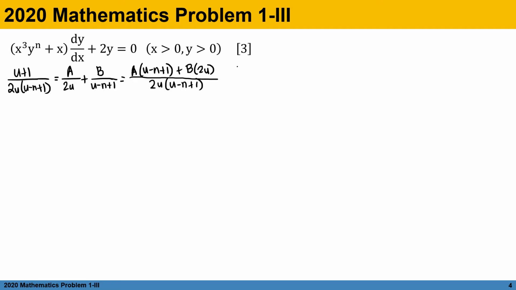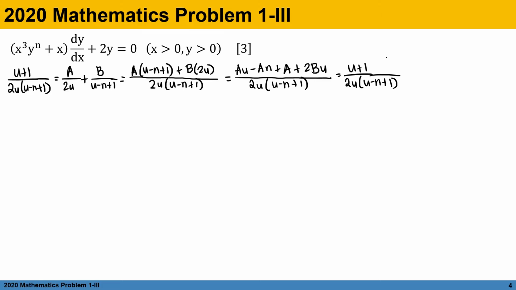We can distribute the numerator as Au minus An plus A plus 2Bu all over 2u times (u minus n plus 1). And this is equal to the original expression, (u plus 1) all over 2u(u minus n plus 1). So what we need to do is to compare the coefficients of u and 1.